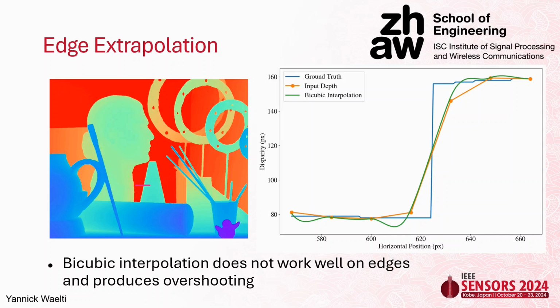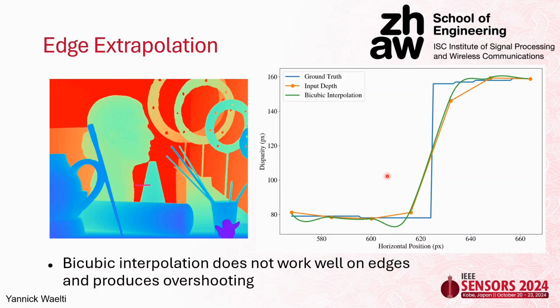We perform this action in all 4 cardinal directions: up, down, left, and right. Basically, we take pixels next to an edge in one direction, like for example here, starting at this edge over to the left, and we remove them from the upscaled, or interpolated, image.